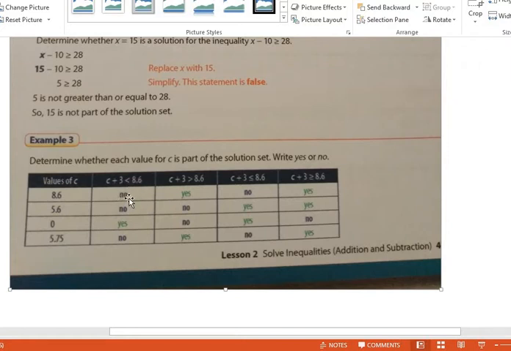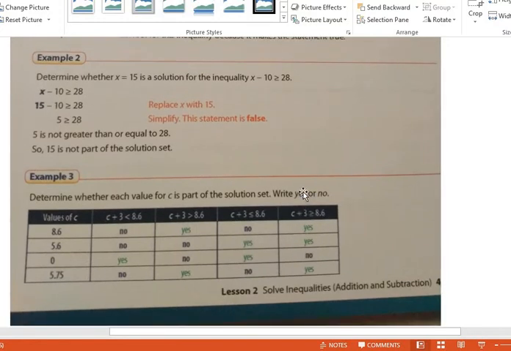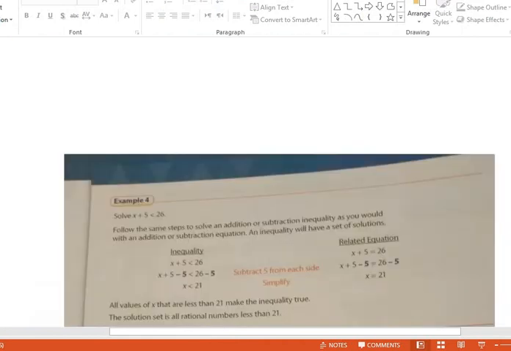Of course not. 8.6 plus 3 greater than 8.6? Of course, yes. And c plus 3 less than or equal to 8.6: 8.6 plus 3 less than 8.6? Of course not. And 8.6 plus 3 greater than or equal to 8.6? The answer is of course yes. Moving to the other slide.